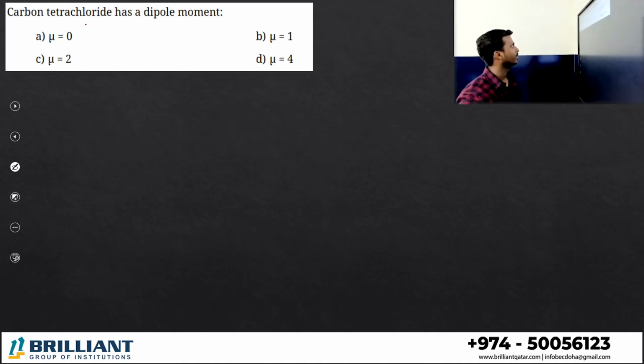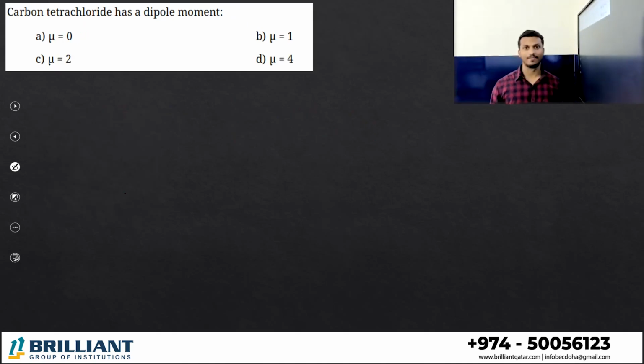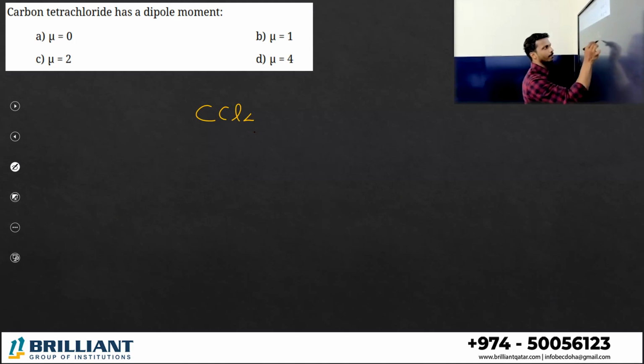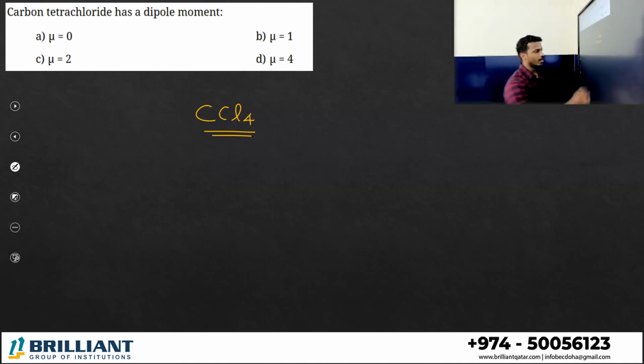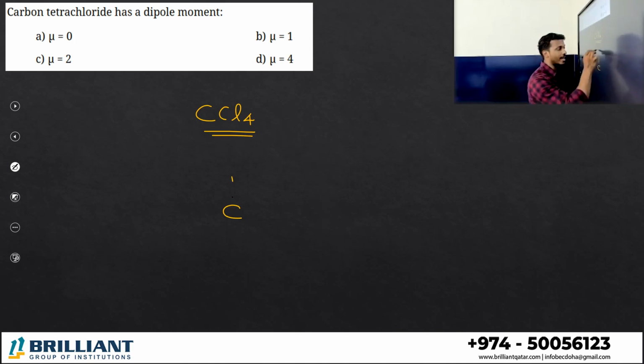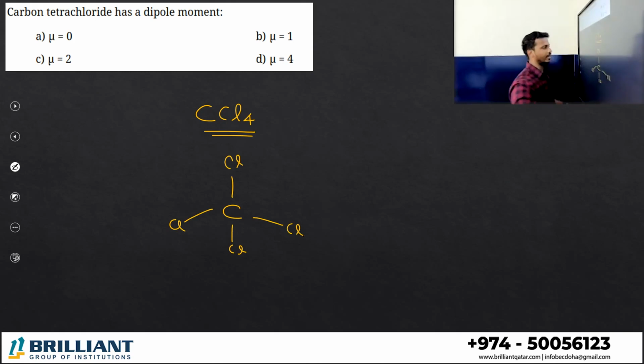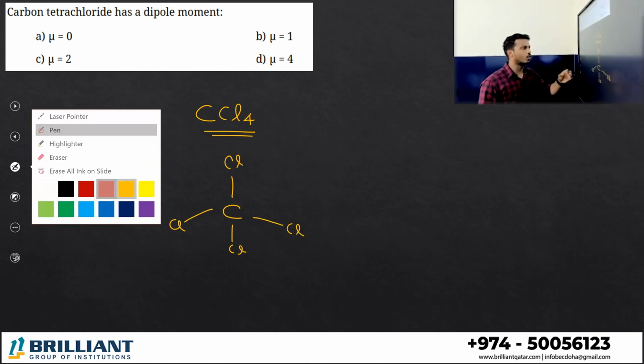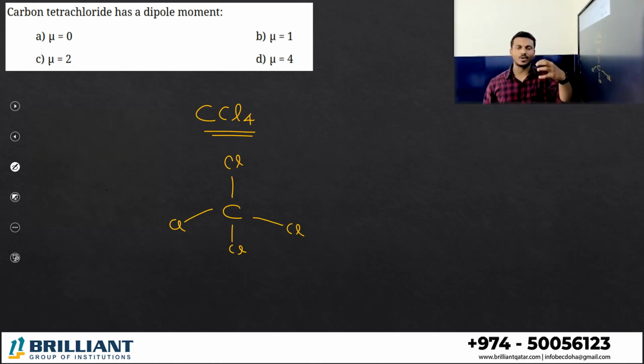Okay, next one. Carbon tetrachloride has a dipole moment. It's a question connecting to your 11th grade. What is carbon tetrachloride? CCl4. What is the structure of CCl4? Tetrahedral geometry, right? C with Cl, Cl, Cl, Cl, tetrahedral geometry. You know, chlorine is the most electronegative element.